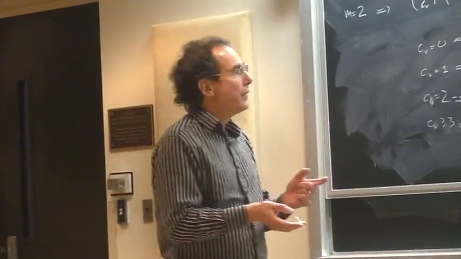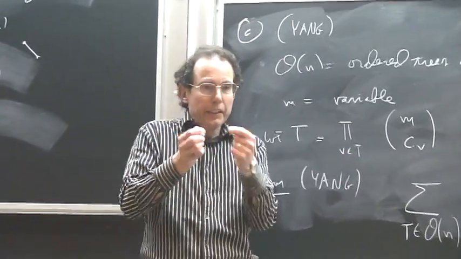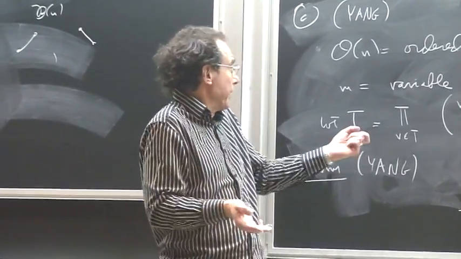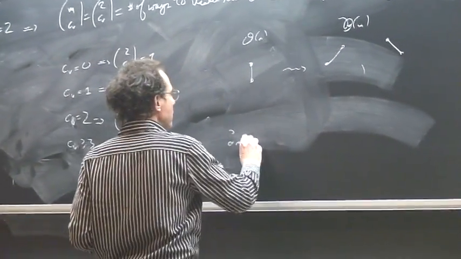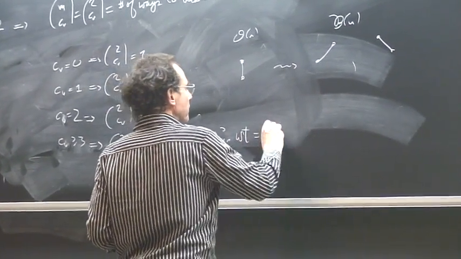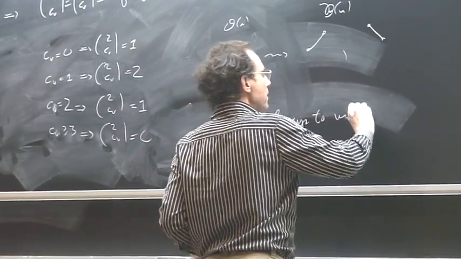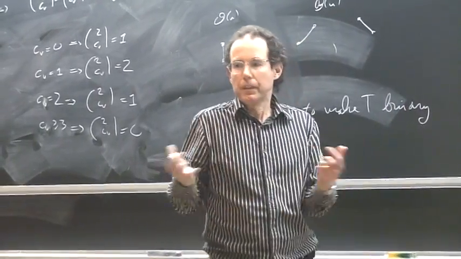So when I take the product of all these, that's just going to say, look at each vertex, make it into binary, and you're going to end up with a binary tree, and you're back in the binary case.